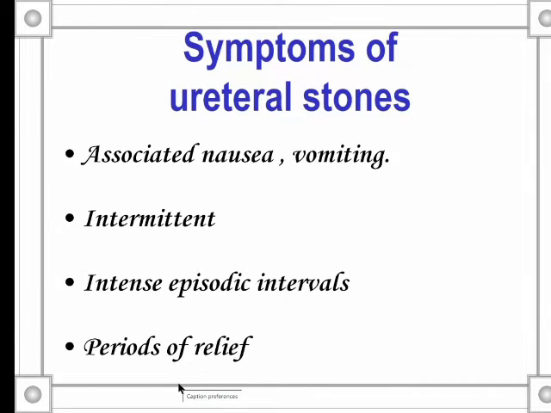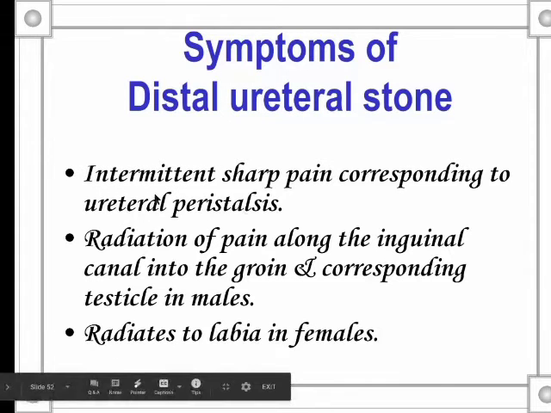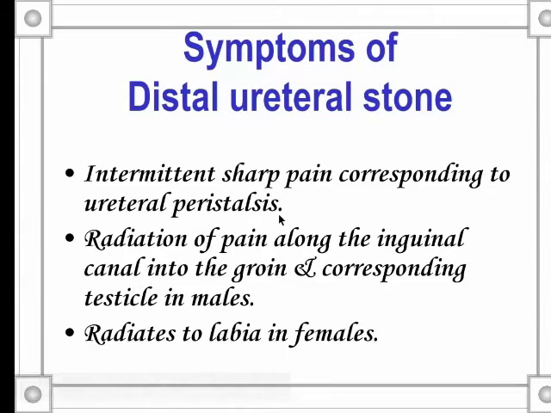In patients with peritonitis, the patient doesn't get relief and remains silent. But with this ureteric spasmodic pain, the patient tries to move into different bizarre positions just to get relief from the pain. So intermittent sharp pain corresponding with ureteric peristalsis is the hallmark of ureteric colic.